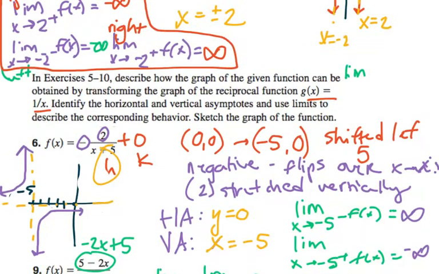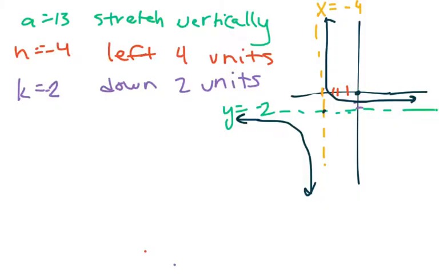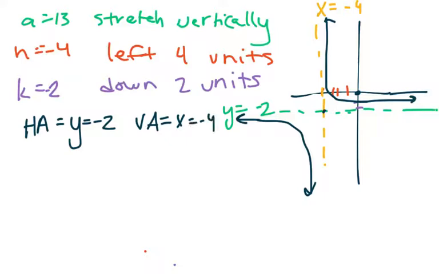So the directions also say, identify the horizontal and vertical asymptotes. So our horizontal asymptote, as I just mentioned, is y equals negative 2, and the vertical asymptote is x equals negative 4. And so we need to do our limits.